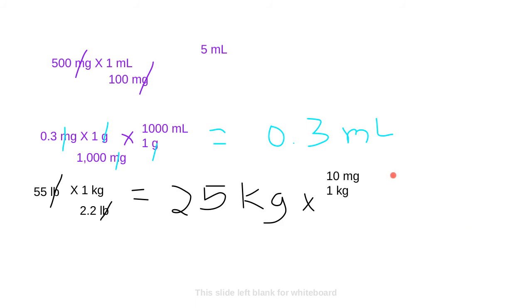Again, you'll be flipping this into milliliters, but we don't have that yet. So my 25 kilogram patient could get 25 times 10, which is 250 milligrams of ibuprofen. Any questions on that?